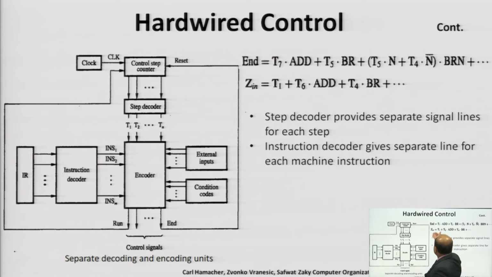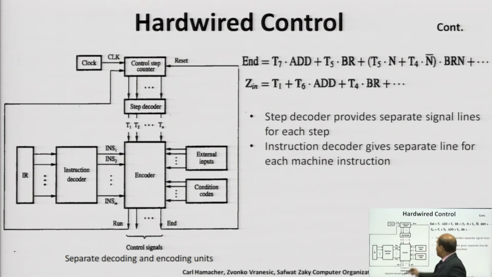For example, commands like AND or Zin are to be issued by this unit. We have seen in the previous example where these commands were issued by the control unit. You can see the AND command was issued at clock number 7, and it was also issued in step number 5 when we were handling the branch operation, or in the case of the conditional branch operation with these steps.